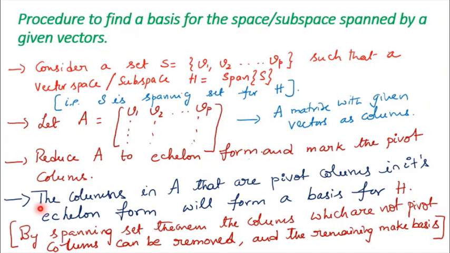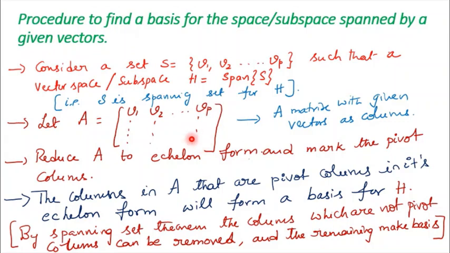So here our next step is, the columns in A that are pivot columns in its echelon form will form a basis for H. For example, I reduced A to echelon form, and it has 5 columns, and among those I got C1, C3, C5 as pivot columns. That means C2 and C4 are linear combinations of other columns.